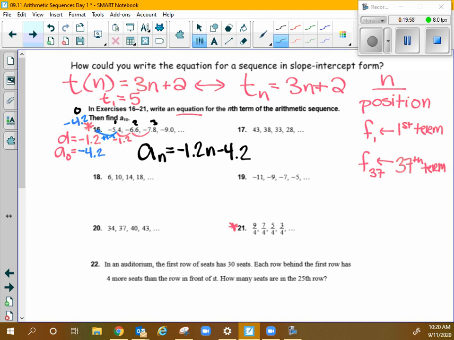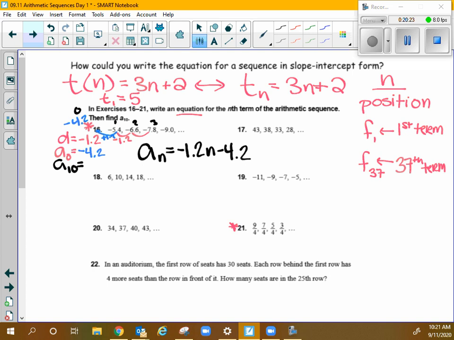So here's my answer. Now it says find a of 10. What is a of 10? The 10th term. So if I have a of 10 and I have this function, where am I going to put 10? Is it the input or the output?